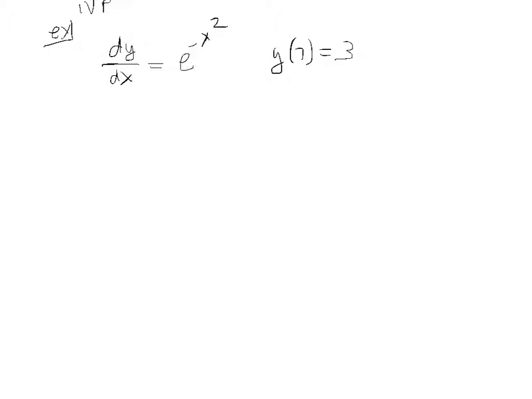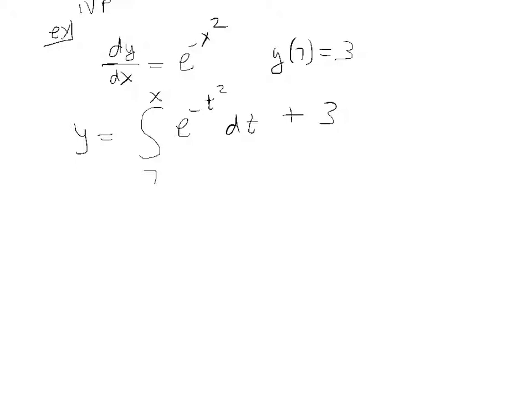What we do is we say y is equal to, and we're going to write it like this, the integral from 7 to x of e to the negative t squared dt, and then I'm going to add 3. And you might say, is that the right answer? Well, if you took the derivative of this side and this side, the derivative of this is in fact going to be e to the negative x squared. The fundamental theorem of calculus says so.